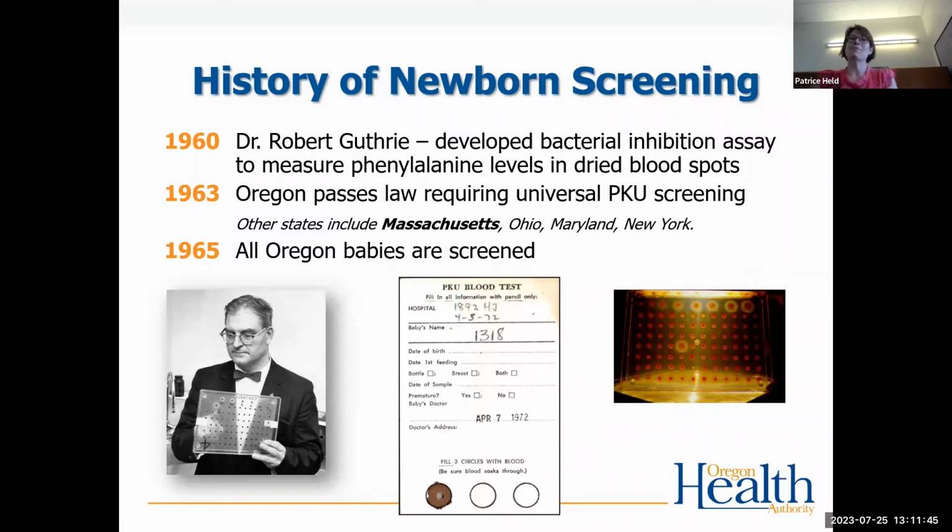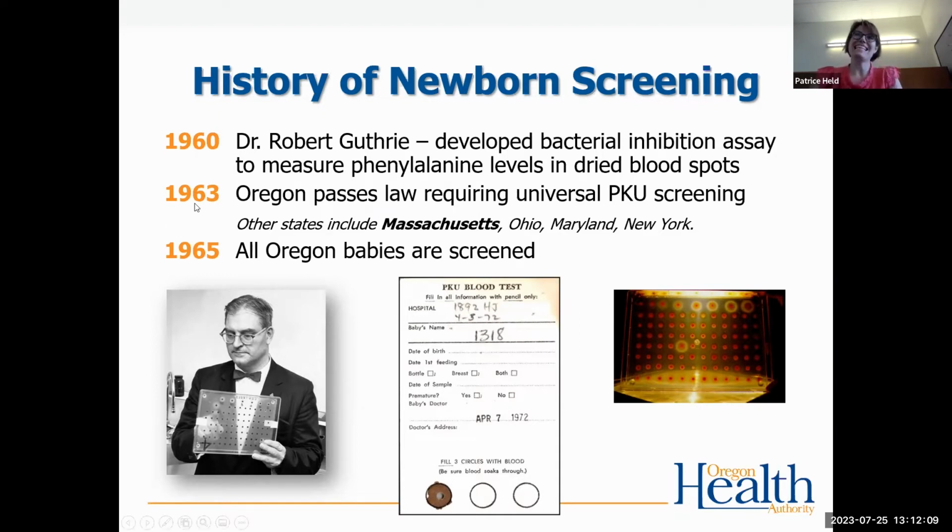He basically took his assay on the road and went state by state, convincing states that it was less expensive to screen every baby, identify those with PKU, and treat them than it was for the state to care for a child with PKU who was untreated. And it worked.